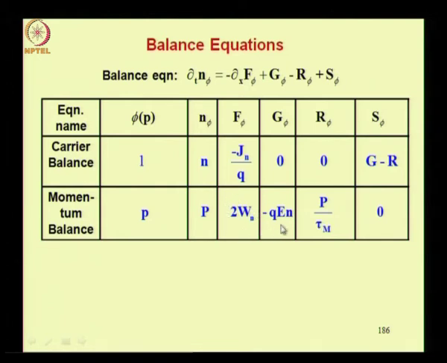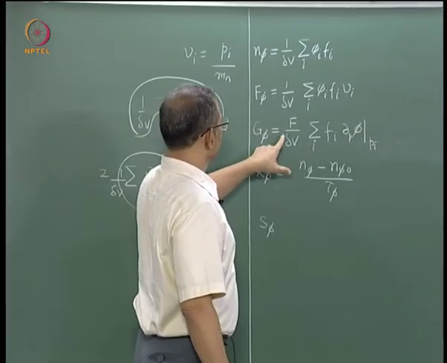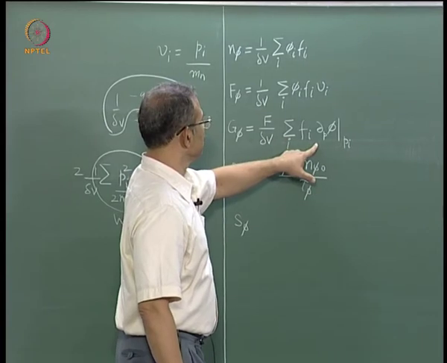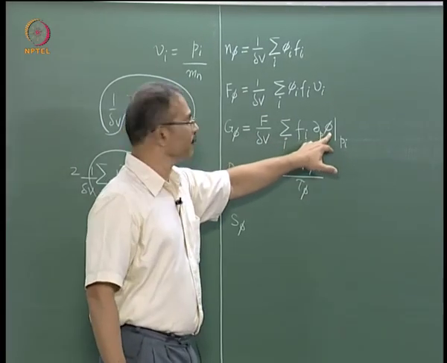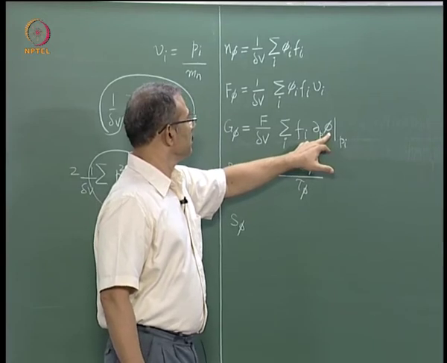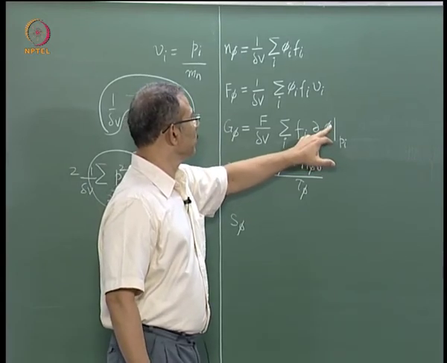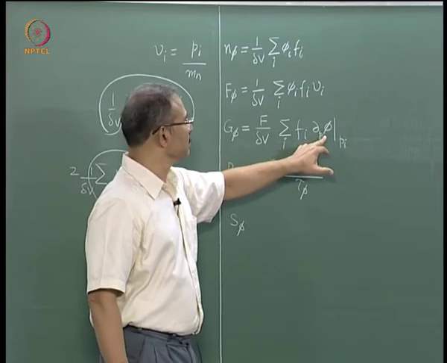Now let us look at the next term, g phi. How do you get minus q into E into n? So g phi is this term here. We have to put phi equal to p. So if you put phi equal to p, dou phi by dou p becomes 1.